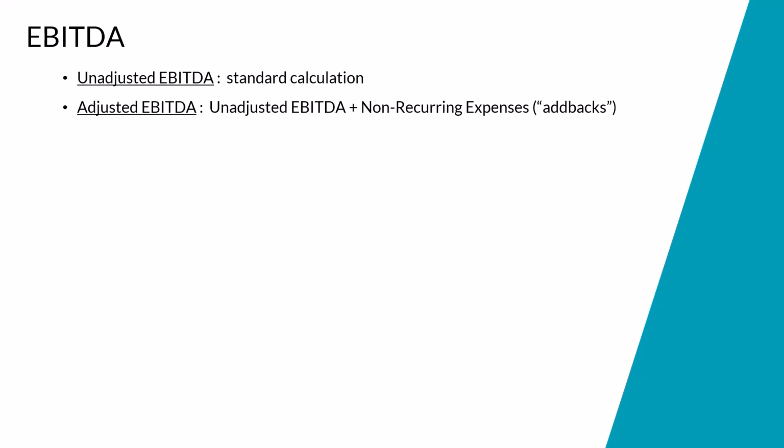These expenses are commonly referred to as add-backs, and some common examples of add-backs include losses on equipment sales, M&A expenses, unusually high legal costs, and so on. Now, when businesses claim add-backs in addition to interest, taxes, and non-cash expenses, adjusted EBITDA will be higher than unadjusted EBITDA. Let's take a moment to apply what we just learned in our fictional private company example.